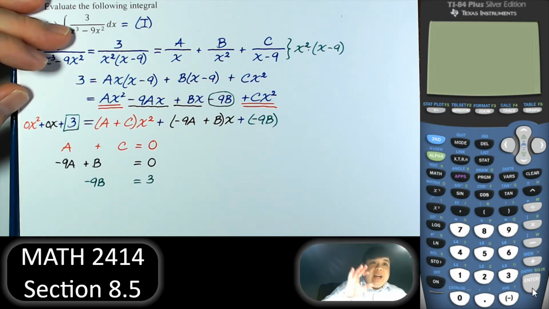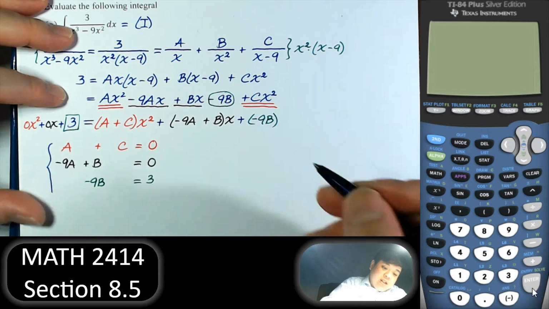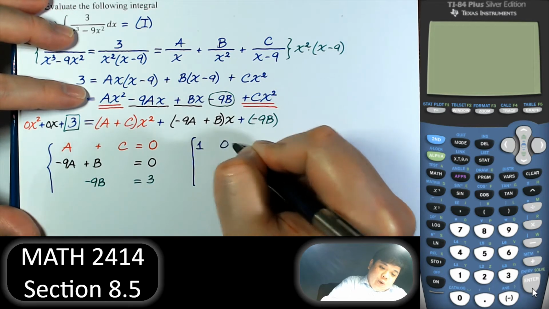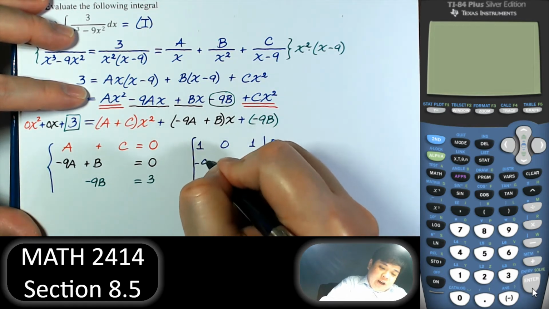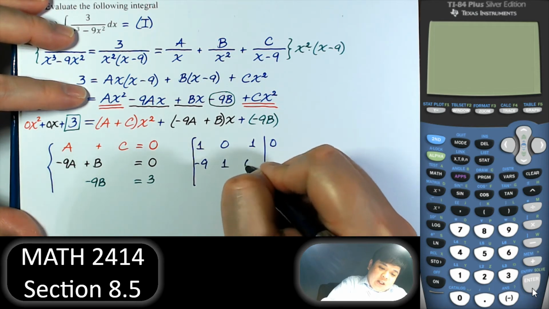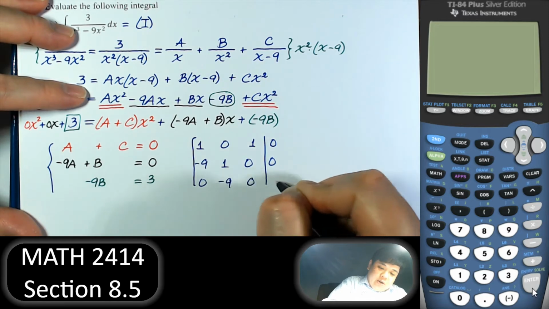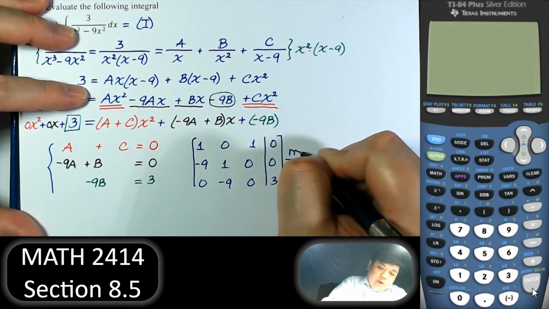But to do it by hand, actually I'm going to do it a different way. But first, to be consistent, I'm just going to put in the calculator here: 1a, no b, 1c equal to 0. Negative 9, 1, 0 equal to 0. 0, negative 9, 0, and 3. Reduce row echelon form.